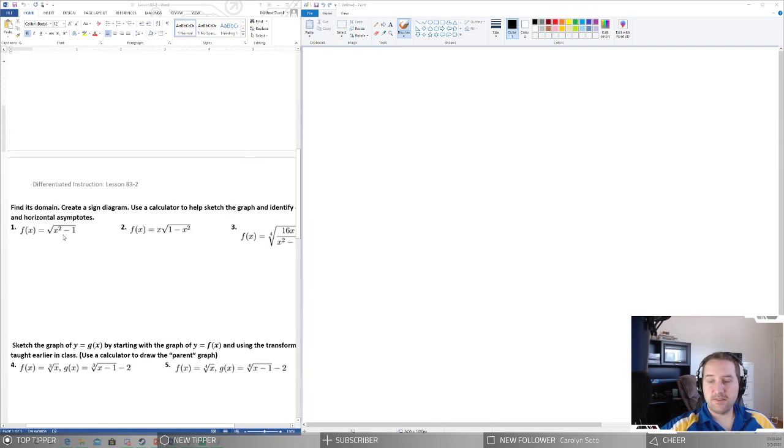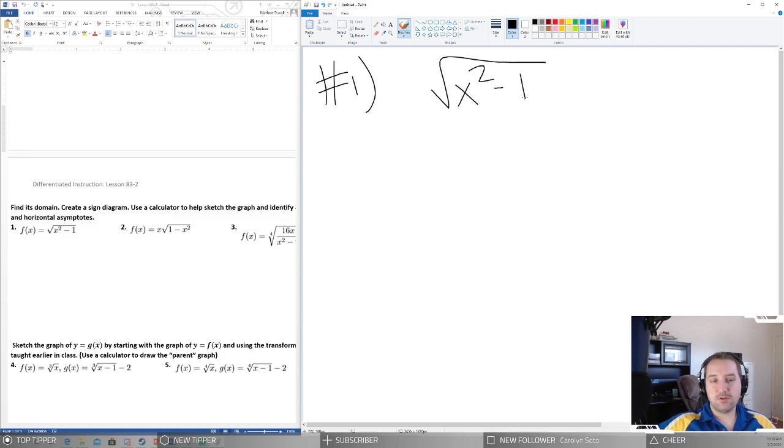Essentially, to find the domain, I'll just do a quick recap. Maybe someone will come on by then. But to find the domain, like a number one, whatever's inside of the square root, you just can't have a negative, and you only have to worry about it if it's an even root. So in this instance, that value can't be negative.